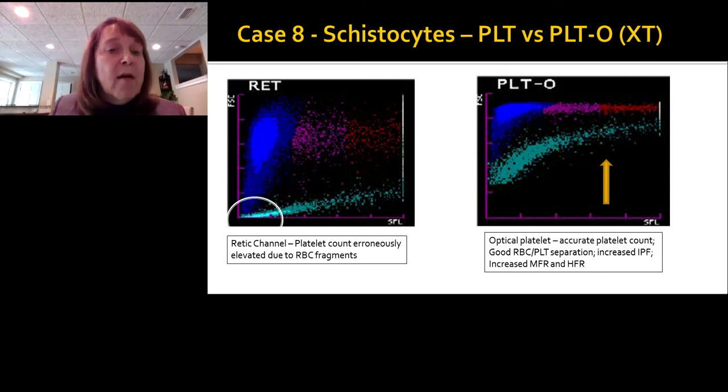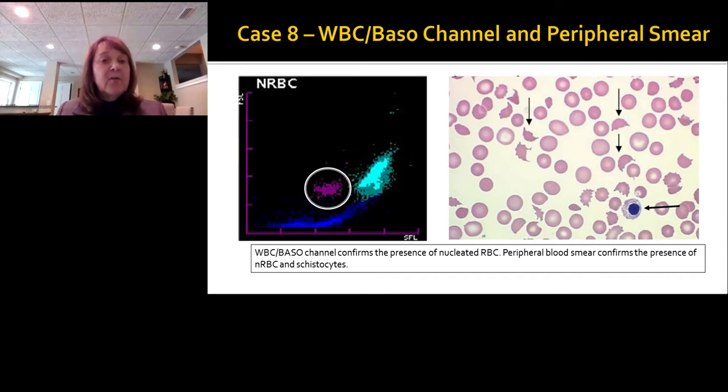When we looked at the WNR, we want to see that we have nucleated reds. And indeed, we have an extra population that is consistent with the nucleated reds that were reported on the analyzer. And again, our final confirmation, as always, goes to microscopic evaluation. And in this one, you're looking for red cell morphology. So you're looking for something that correlates to that bump on the left saying, do I have small red cells?